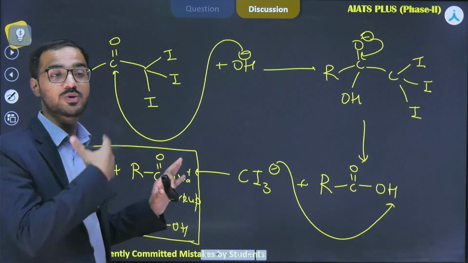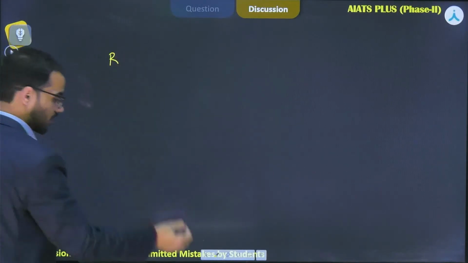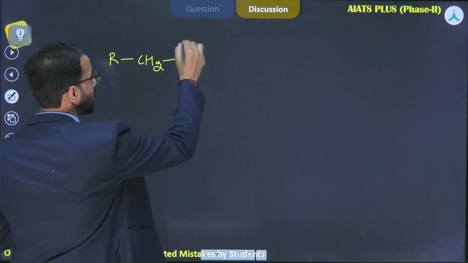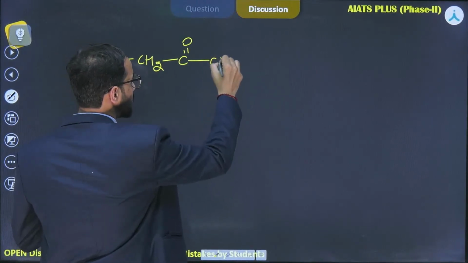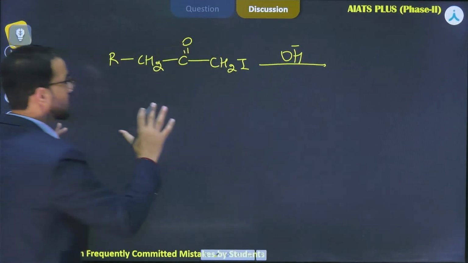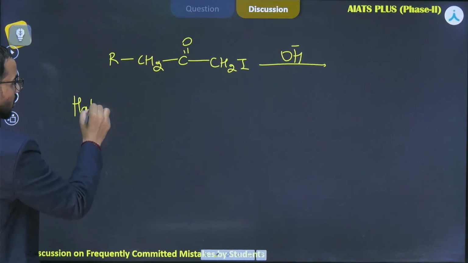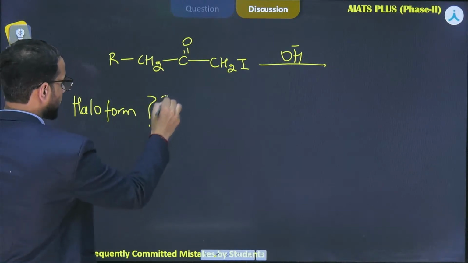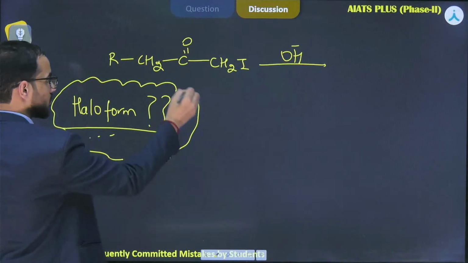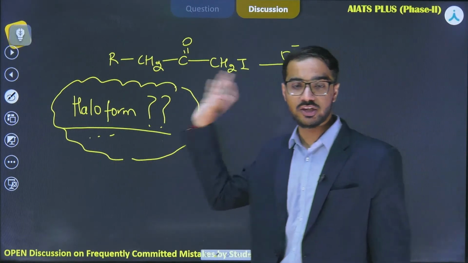Now I am just giving you some points. Let us say I have just given you R CH2 C double bond O CH2I and OH negative. Can I say this reaction is a haloform reaction? Is this a haloform reaction or not?